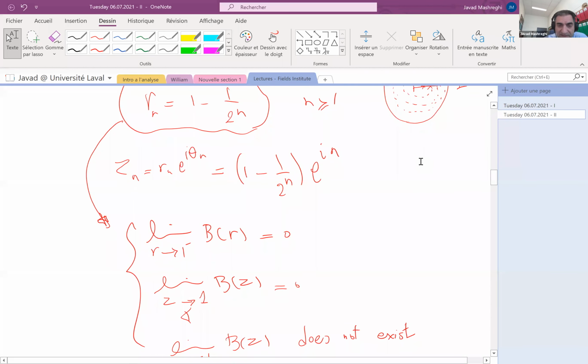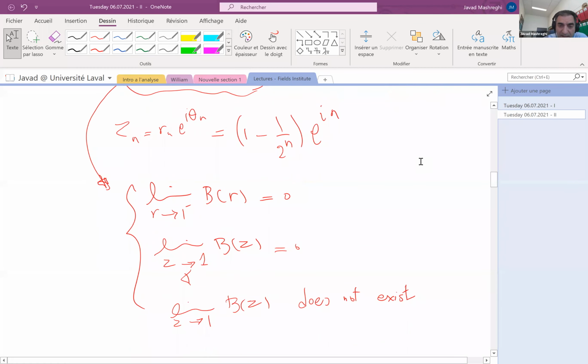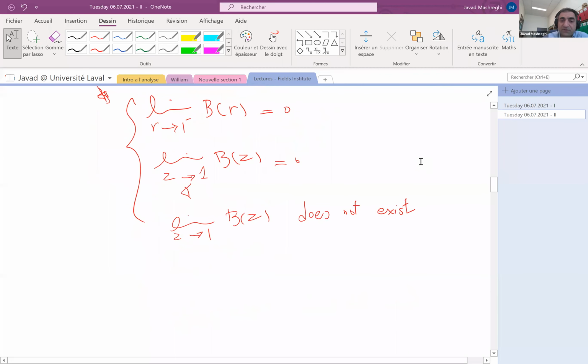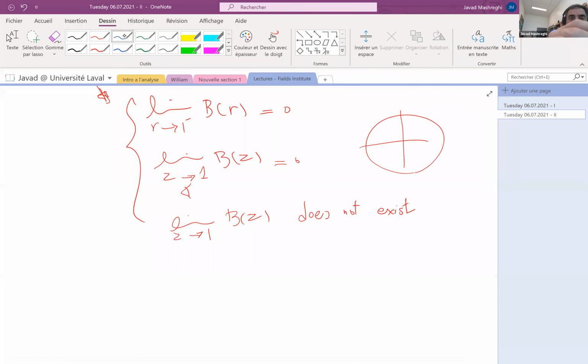So this function has the same bad behavior at the boundary point 1 as the function before, but at all other points of the boundary, it's a nice function. So the only bad point is here. At all other points of the boundary, the function is nice, it's even analytic. What Frostman did, he constructed a Blaschke product, call it a monster.